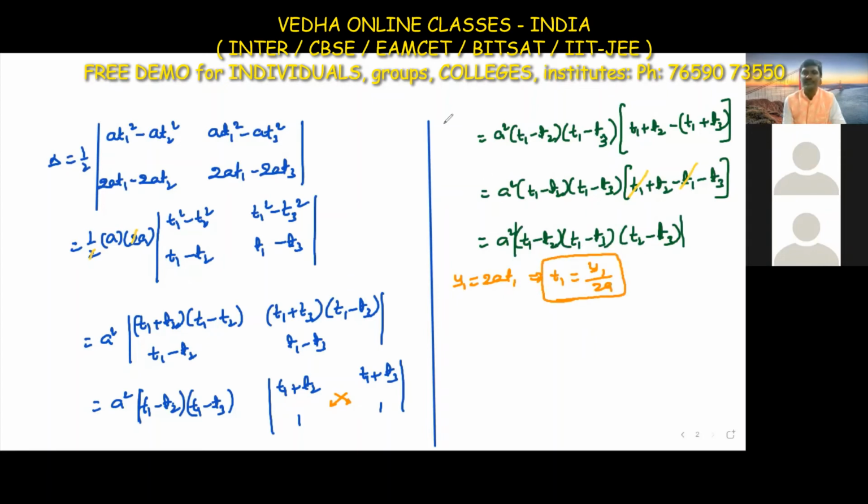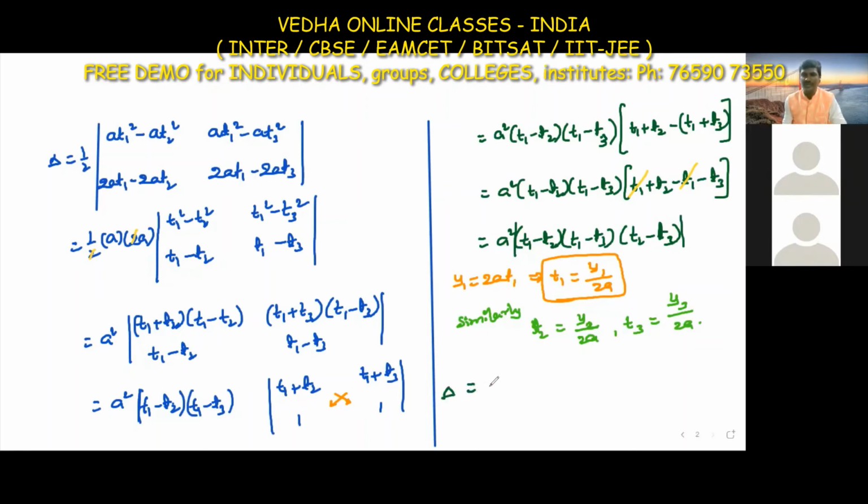Similarly, we can write the value of T2 as y2 divided by 2a, and the T3 value is y3 divided by 2a. Substitute the values of T1, T2, T3.